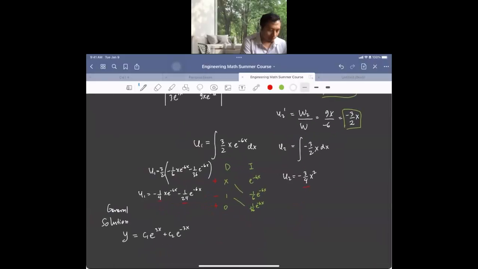Okay, where is? So we need to multiply u1 and y1. So u1 y1. Forgot to multiply. So this will become. But we need to make sure that our y1 and y2 is correct.